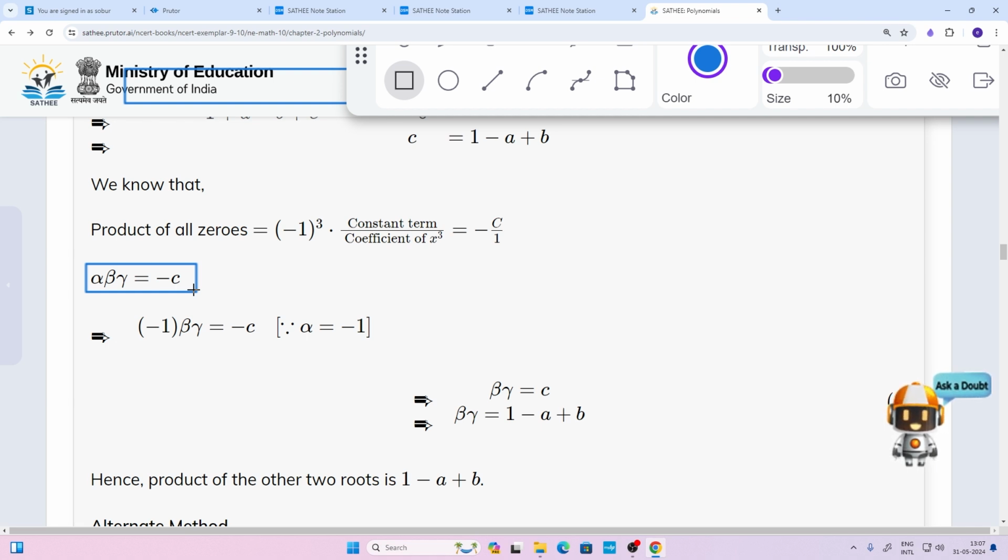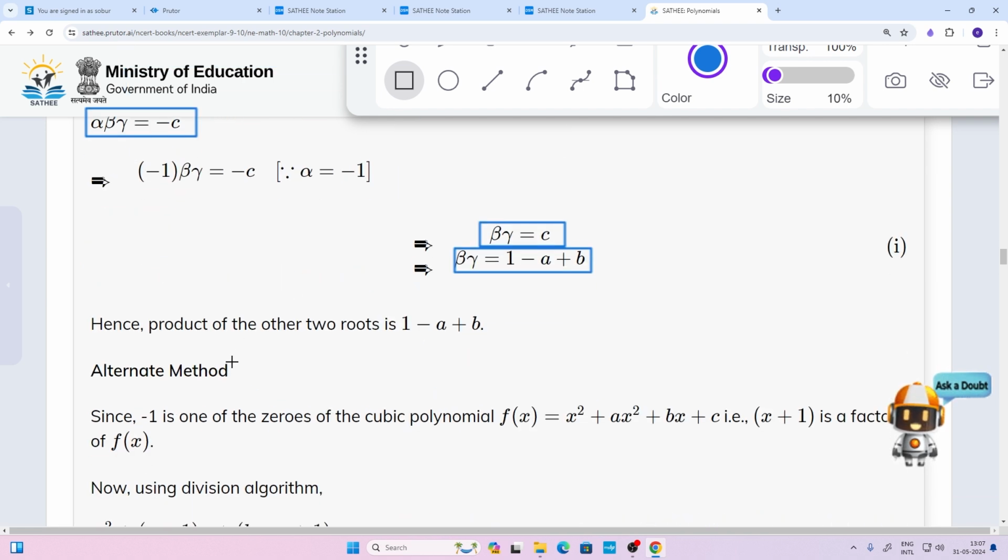Let alpha be minus 1, then minus 1 times beta gamma is equal to minus c, which implies beta gamma is equal to c, which implies beta gamma is equal to 1 minus a plus b, since we already found the value of c is 1 minus a plus b. Hence the product of the other two roots is 1 minus a plus b.